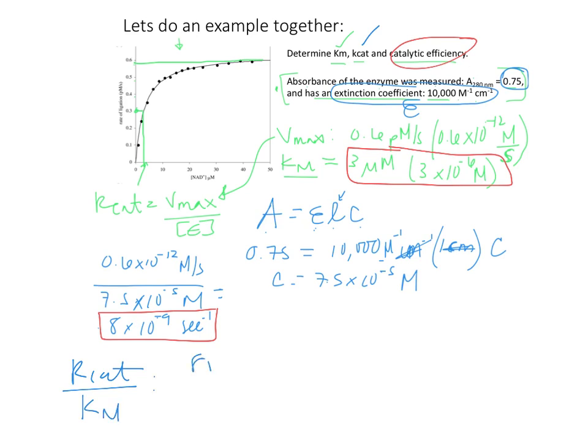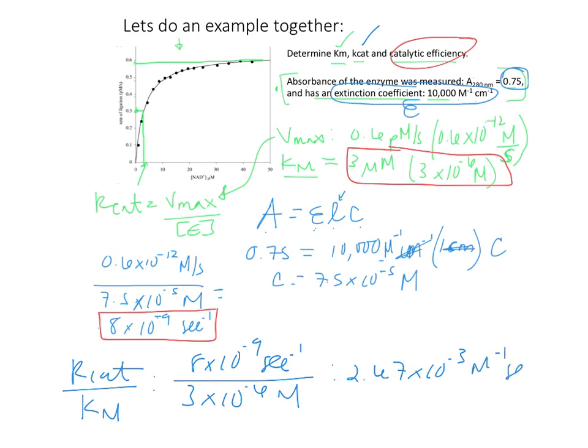And that's 8 times 10 to the minus 9 seconds to the minus 1, and then that should be something that's per molar, so 3 times 10 to the minus 6 molar. And I'm going to have to calculate that. Okay, I get 2.67 times 10 to the minus 3 per molar per second, and this enzyme is definitely not catalytically perfect.